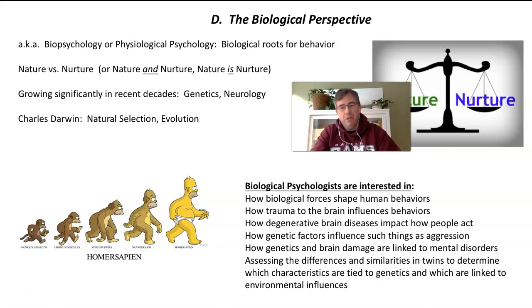Genetics is playing a big role in the revival of the biological perspective. When I was becoming a teacher in the late 1980s and early 1990s, we wouldn't have talked about biology at all as a trait that we should understand in the teaching and learning process, but now we do.